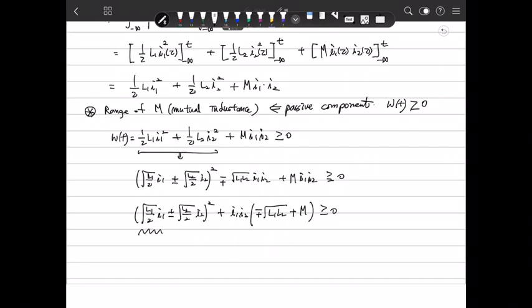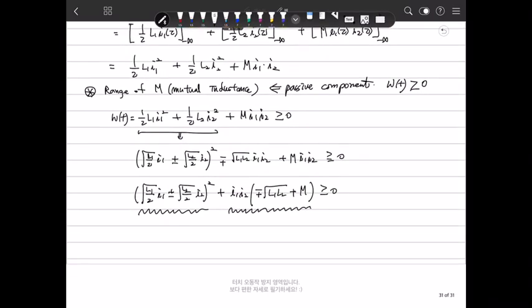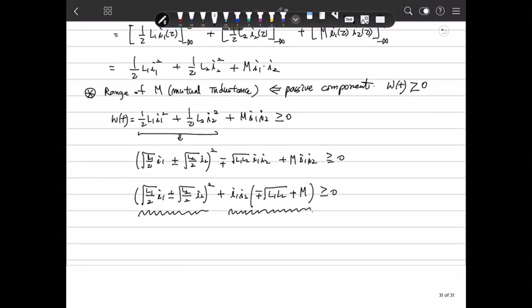This first term is always positive, so because the total should be positive, this remaining term should be positive.